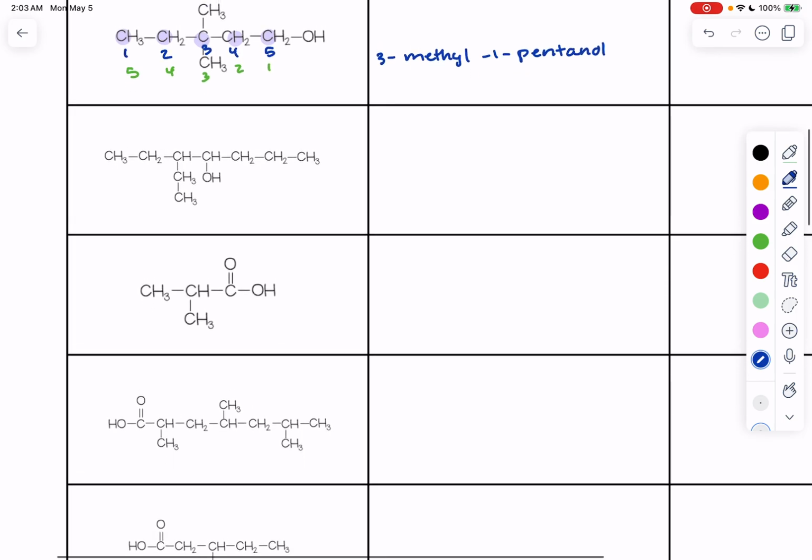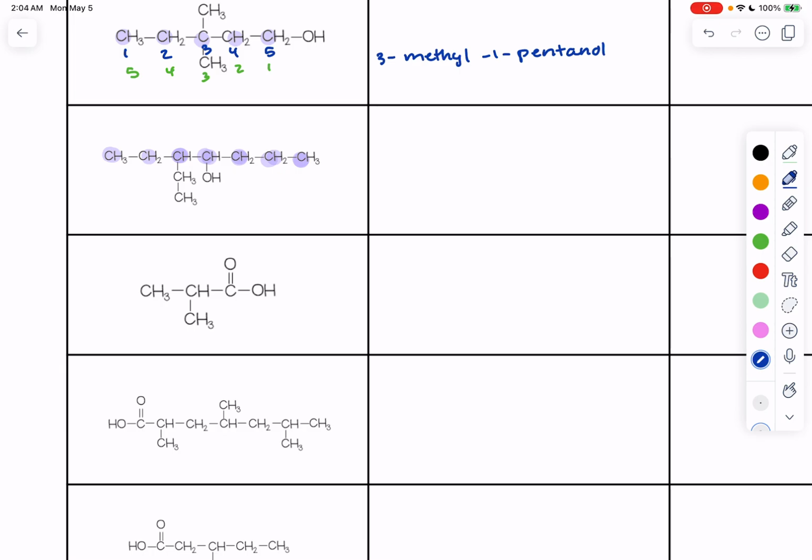Okay, let's look at this next one because I think this one we might need to work on also. Let's count the carbons. All right, 1, 2, 3, 4, 5, 6, 7. Or we could do it from the other end. Either way, that is 7 carbons. I'm going to erase these two and just make it a straight chain like that.